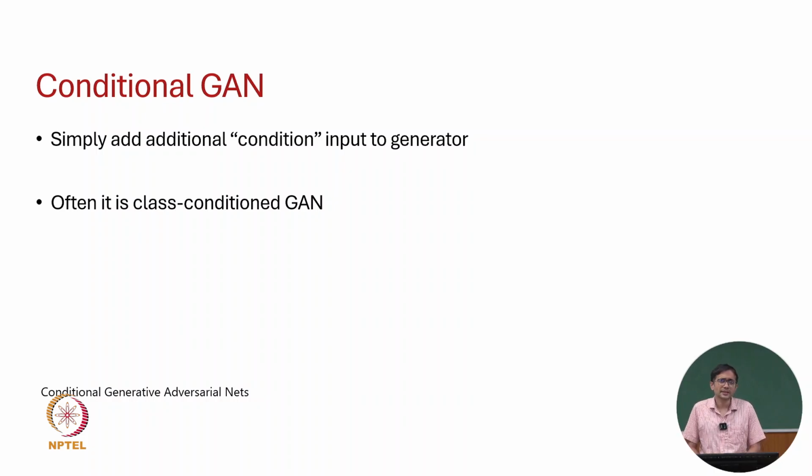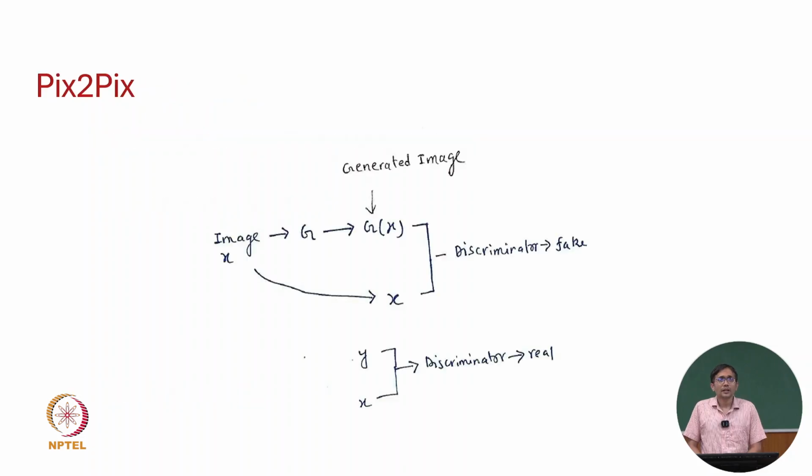We are trying to produce another image, which brings us to pix2pix, let's say, where we had this image X as input, and given this G, we are producing this generated image G(X). And again the discriminator tries to differentiate between the fake and the real samples. And then of course we also talked about even more advanced versions like CycleGAN, let's say.